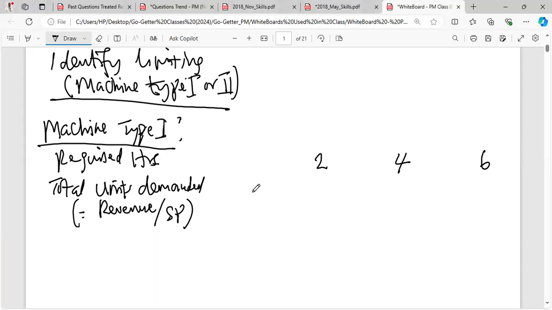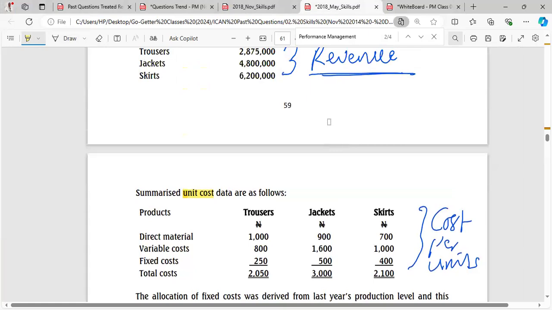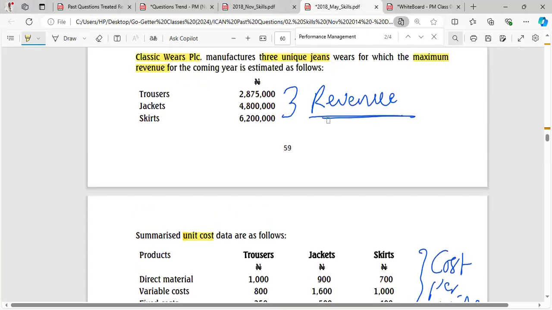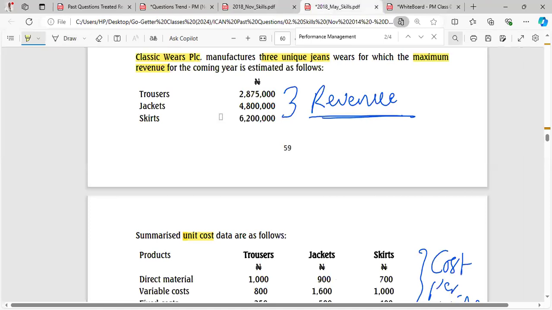So let's do that. What's our revenue? Revenue here for trousers is 2,875,000. Then for jacket, 4,800,000.